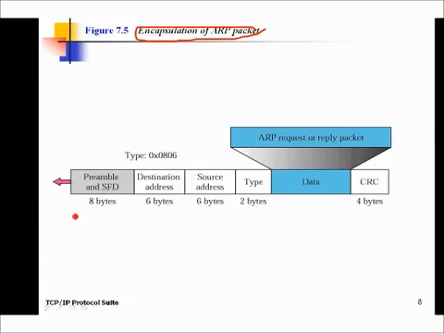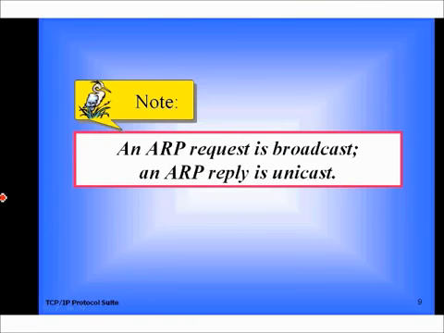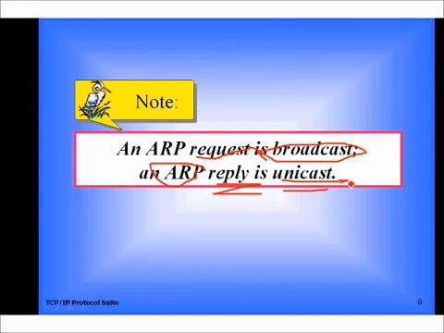Note that the type field indicates that the data carried by the frame is an ARP packet. We conclude that an address resolution protocol ARP request is a broadcast, and an ARP reply is unicast.